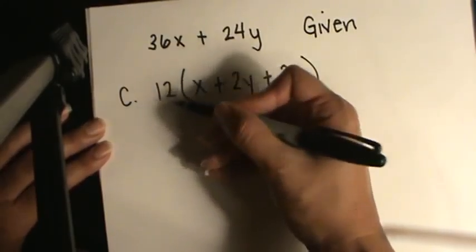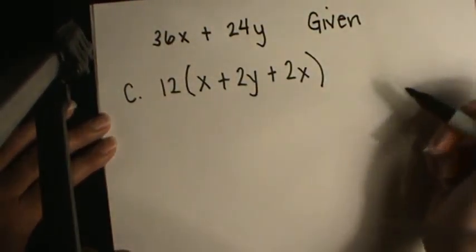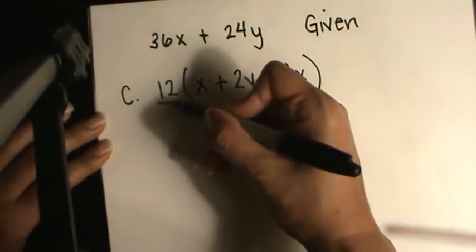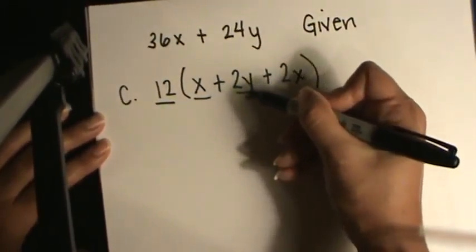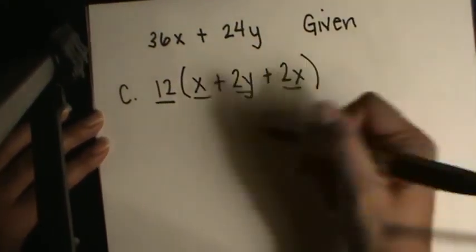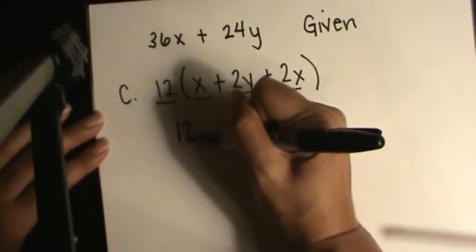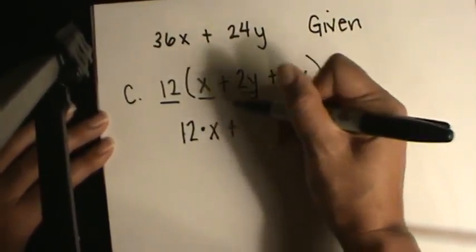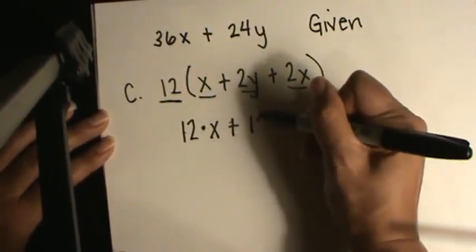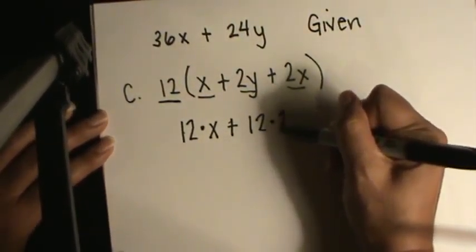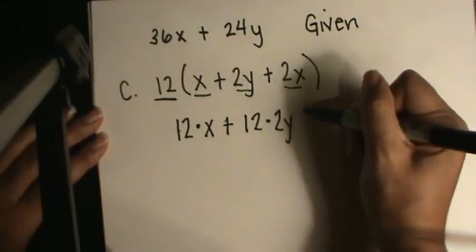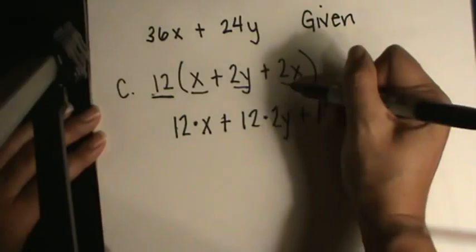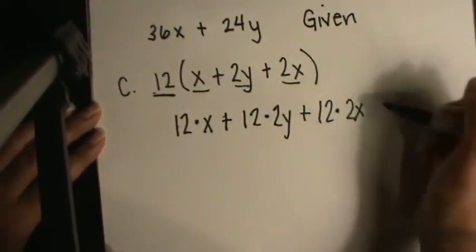As you can see, again, I have parentheses, and in order to get rid of my parentheses, I need to distribute the 12 to each term within the parentheses. 12 multiplied by x plus, again, 12 multiplied by 2y plus 12 multiplied by 2x.